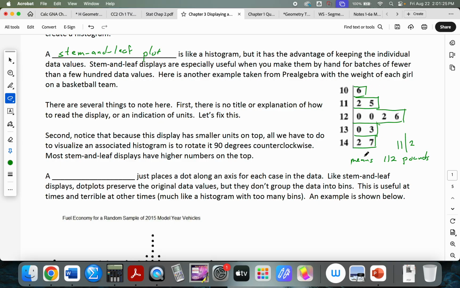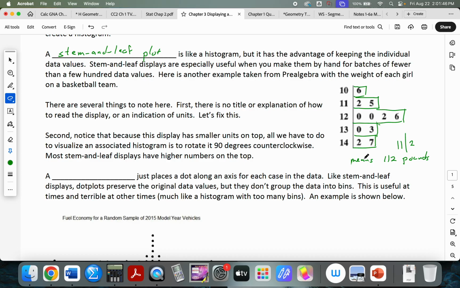And then you can make comments about this particular distribution. So in some ways, a stem and leaf plot is a 2-for-1. It gives you all the original data, and it also gives you a histogram. And we're going to be really interested in how data is distributed.